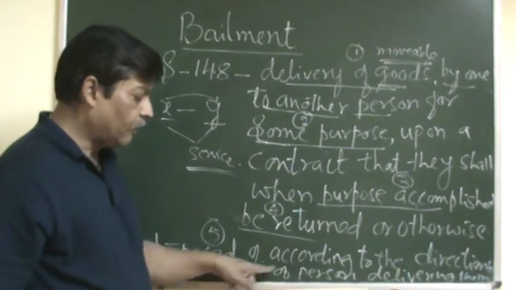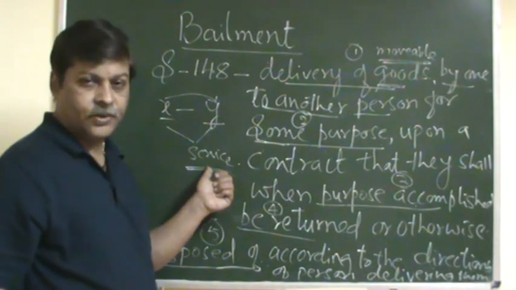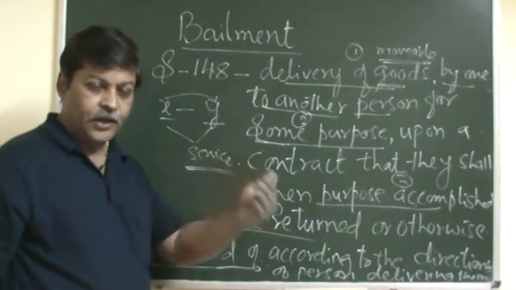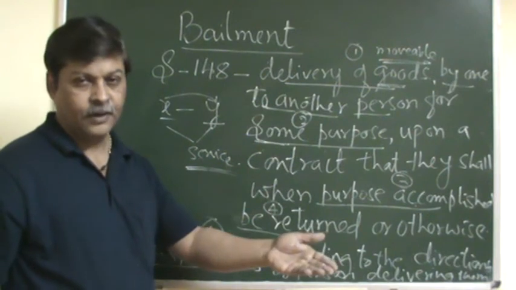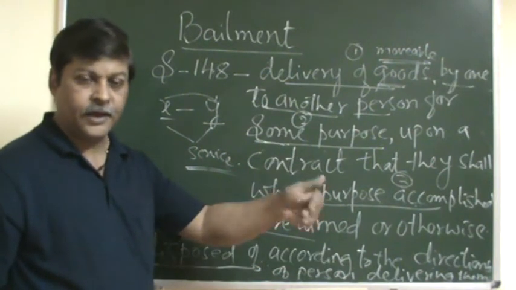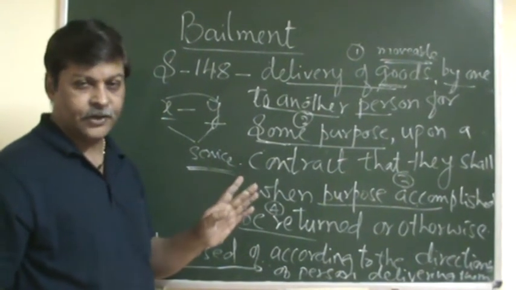Or disposed of according to the directions of the person delivering the goods. So either it should be returned back, that is one condition, or it can be disposed of by the person to whom it is delivered, as per the directions of the person delivering it.